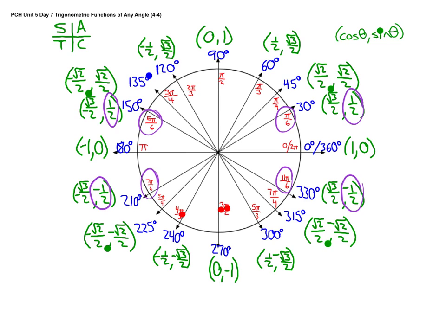So I can say that in my first and second quadrants, sine is going to be positive. However, in my third and fourth quadrants, I know that sine is negative.